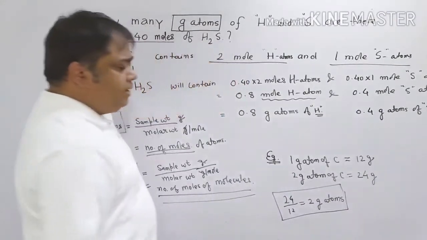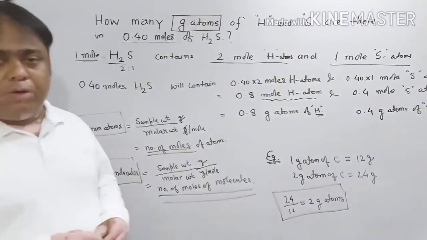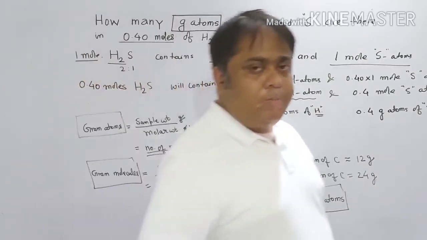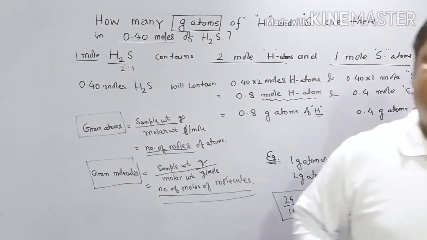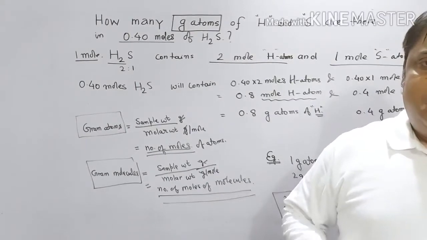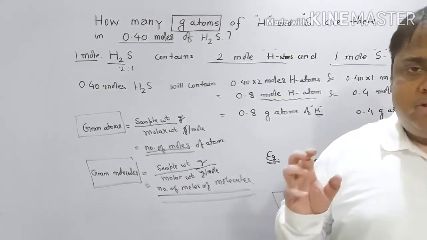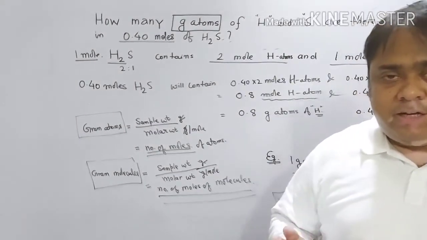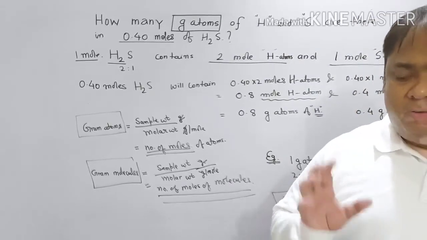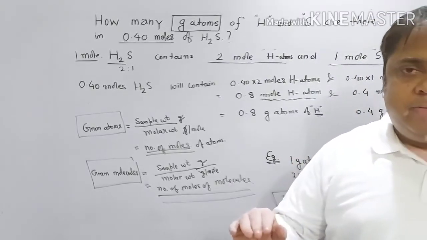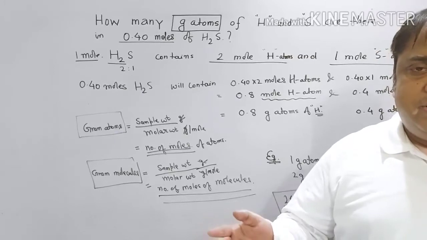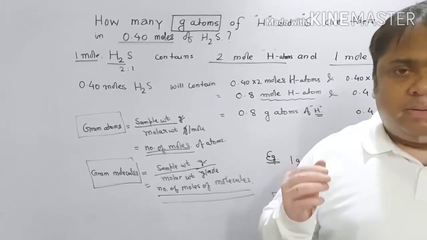So number of gram atoms or number of gram molecules is nothing but the ratio of how many moles of that atoms or molecules are present in the given weight or sample weight. So what we do, we take sample weight and we divide it by molar weight. Very simple. So what are we going to get? We are going to get number of moles.